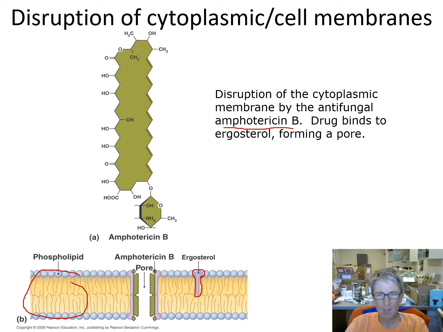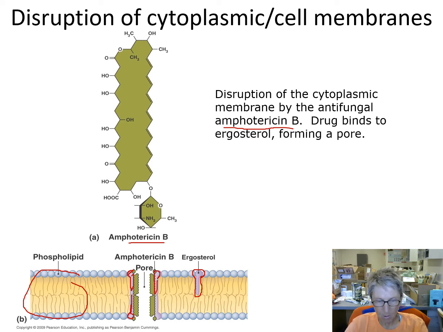Here's the disruption of the membrane by amphotericin B. So the molecule, the drug, inserts itself in the phospholipid bilayer, and look, it's got ergosterol, sort of a doorway here.